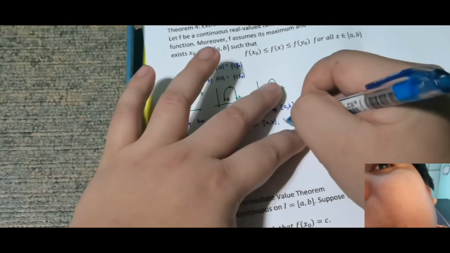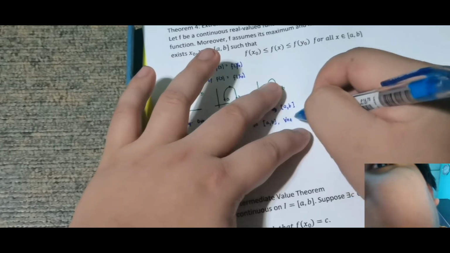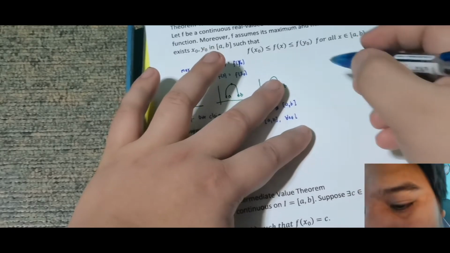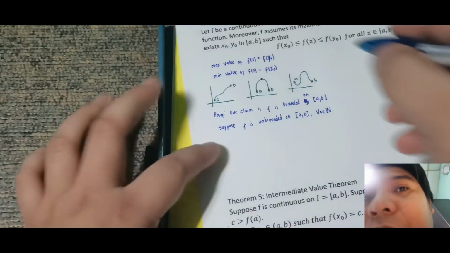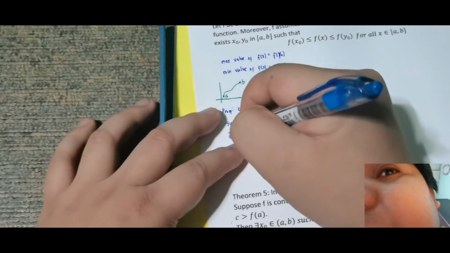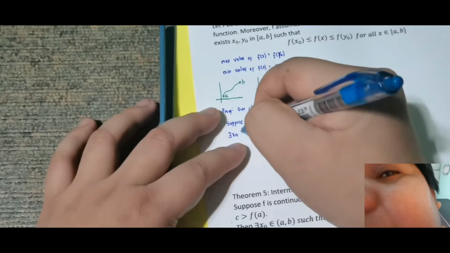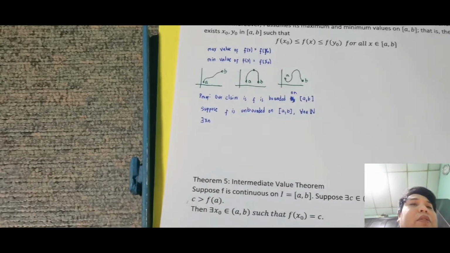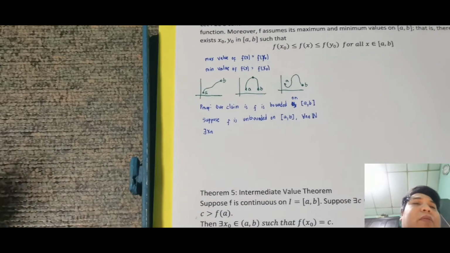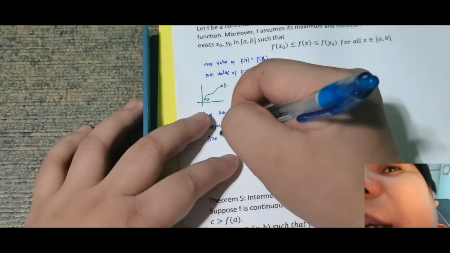Ngayon, for all n element ng natural number, there exists x sub n. Okay, there exists x sub n. So, ibig sabihin na, kung ako ay unbounded dun sa f, meaning may mag-exist na x sub n, element ng ating interval.